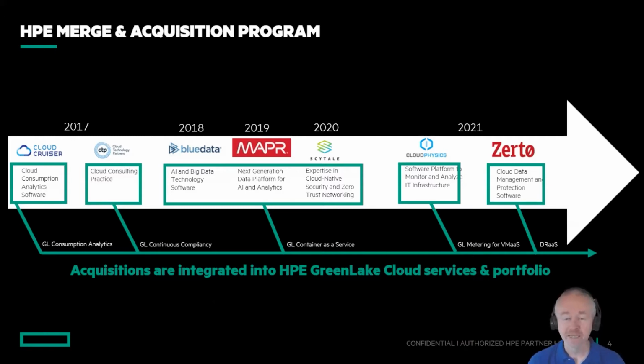So with CloudPhysics, HPE said, you know what, in combination with all the other acquisitions that we made in the last years, and this is just a quick overview: Cloud Cruiser, which is for consumption-based analytics in GreenLake, BlueData, which is big data, MapR, which is software-defined storage, Zerto, which is data protection. We're going to have another session about Zerto and backup and recovery in the upcoming weeks or months, so stay tuned.